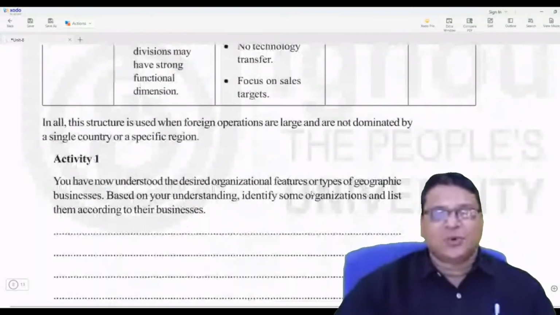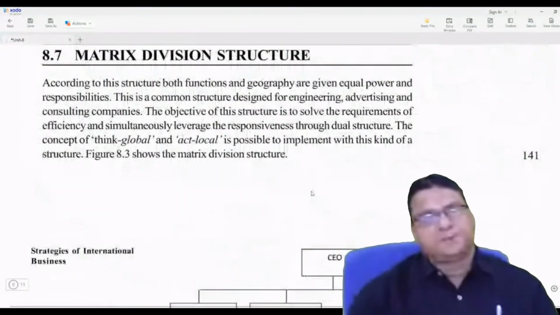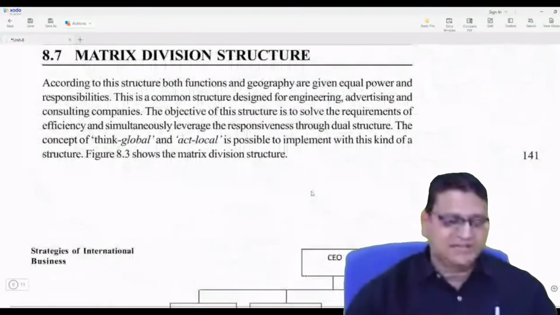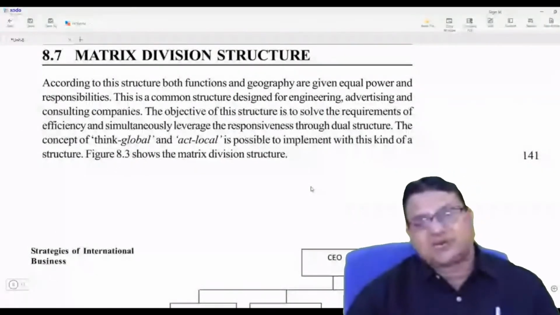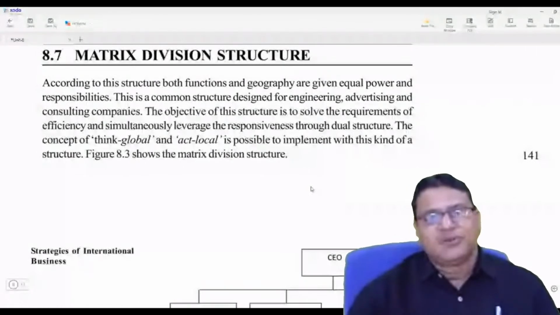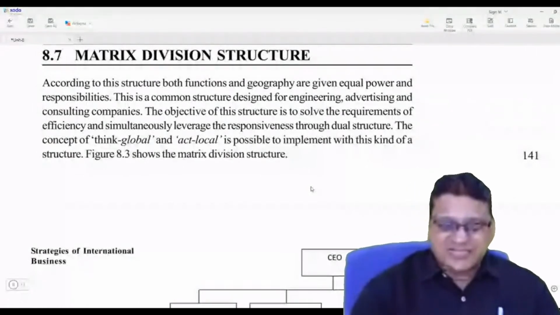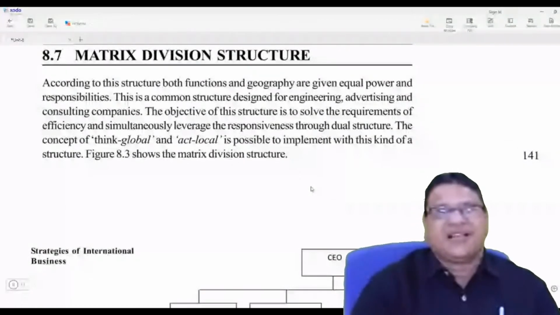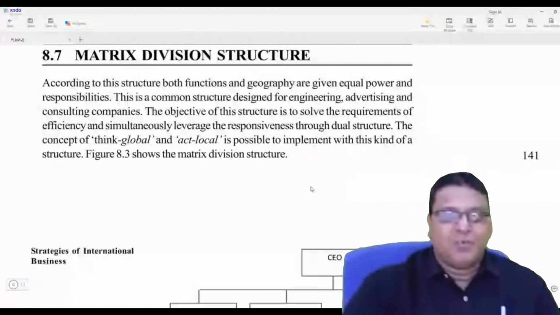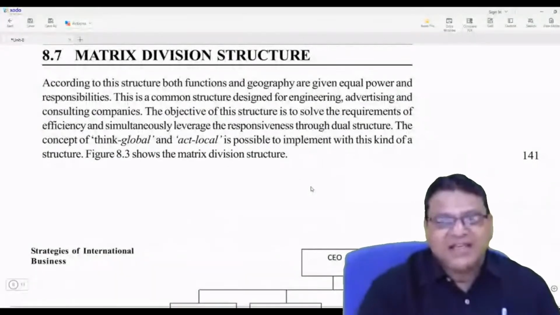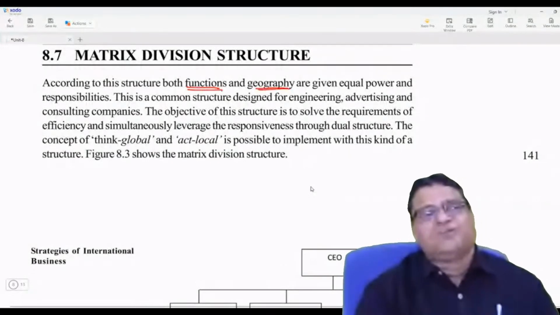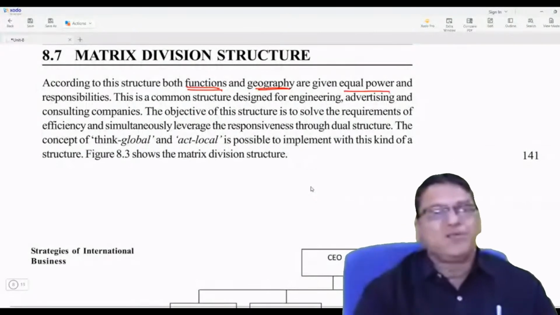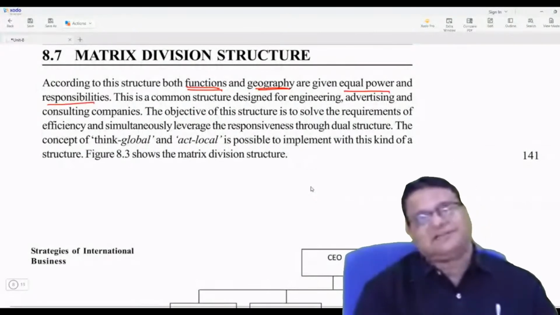Next, we will discuss global matrix structure. What is global matrix structure? According to this structure, it is a combination of both global functional structure and global geographic structure. In this structure, both functions and geography are given equal power and responsibility.